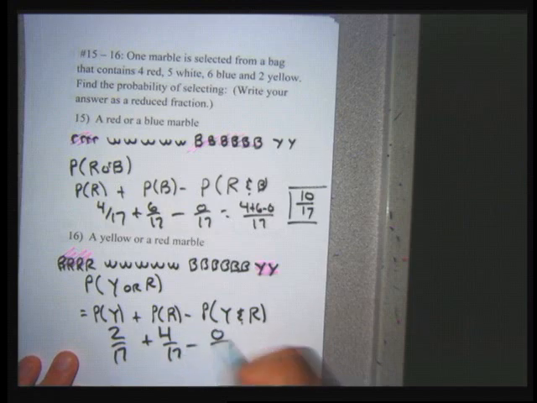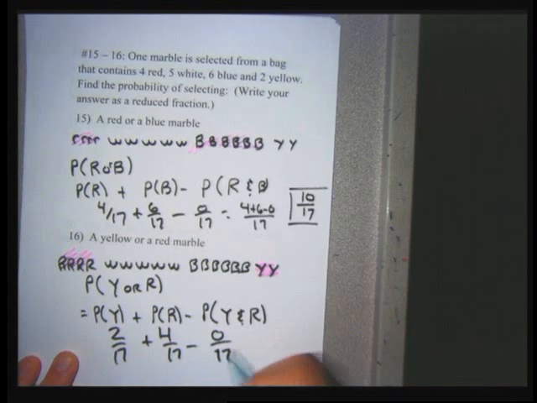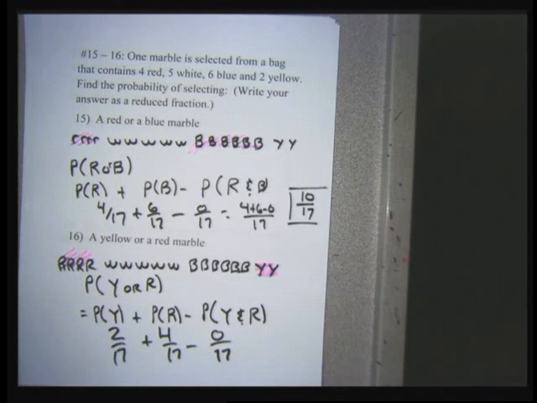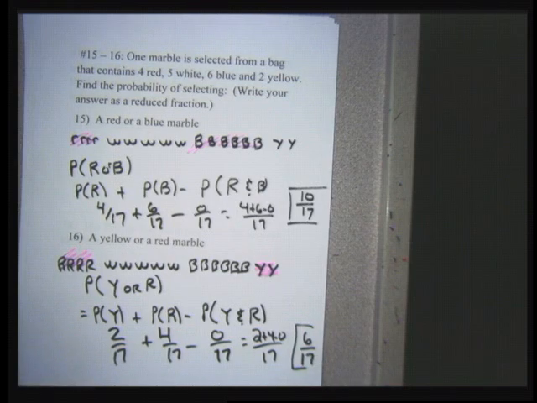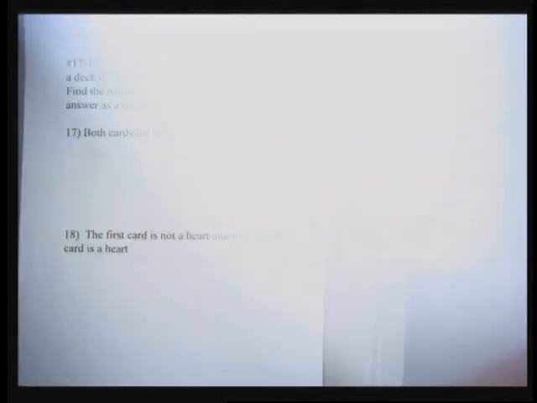And for the last fraction, it's going to be 0 over 17 because there aren't any marbles I've marked twice. So this is just going to be 2 plus 4 minus 0 over 17. And that's a nice non-reducible fraction as well, 6 over 17. Got to be out of the OR sections.